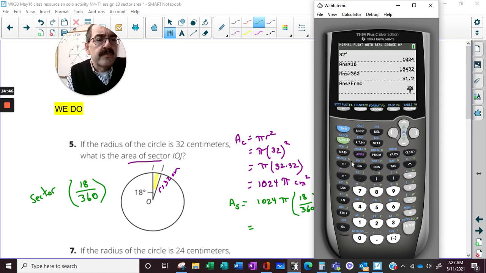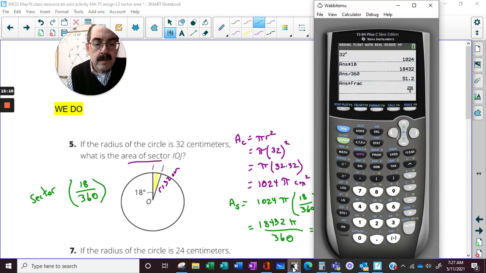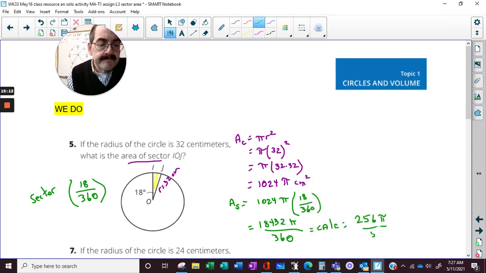Perfect. So 18,432 pi over 360, but we'll use a calculator and we can get our fancy answer, 256 pi over 5 square centimeters.